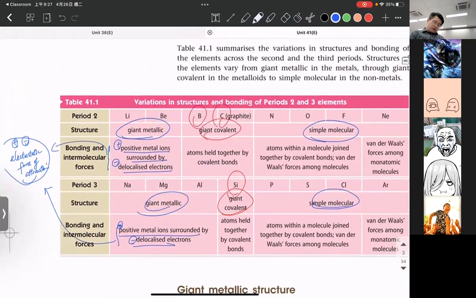Now, for this, we may find lithium, beryllium, sodium, magnesium, aluminium. There are 5 metals having a giant metallic structure, while the particles are the vibrating metal ions and free moving, we call them mobile delocalized electrons.